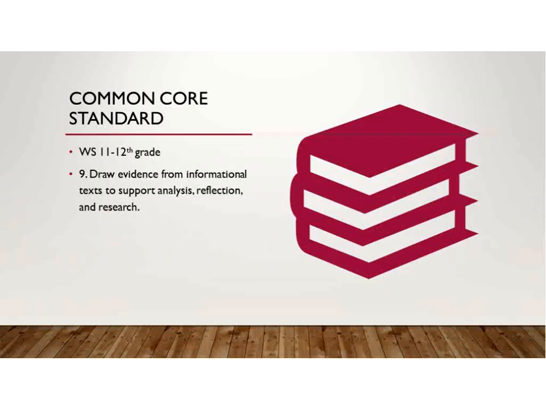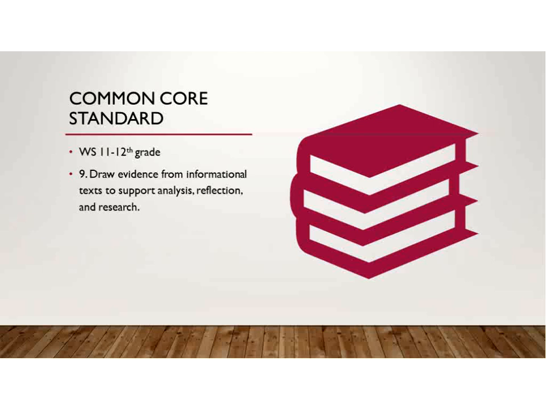All right. So here's our Common Core standard for today. I was guessing the WS stood for writing skills for 11th and 12th grade, and this number 9 is writing standards. The idea here is that you can draw evidence from informational texts to support analysis, reflection, and research.